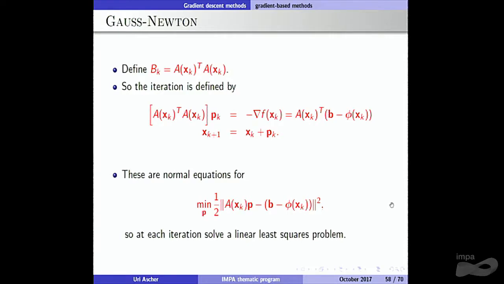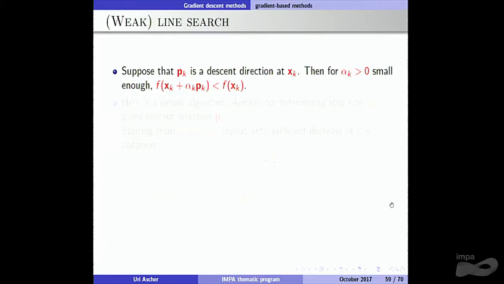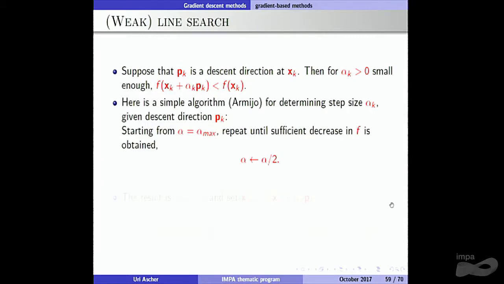And then this corresponds to solving a sequence of linear least squares problems. Okay. We'll talk about it again. And then we perform a line search using what is called Armijo time stepping.